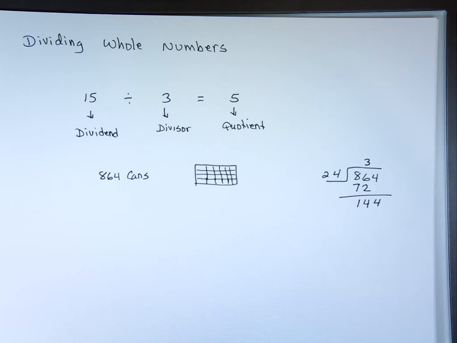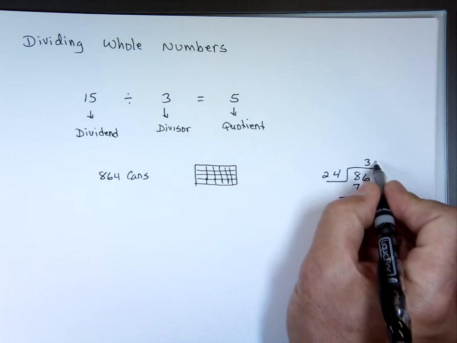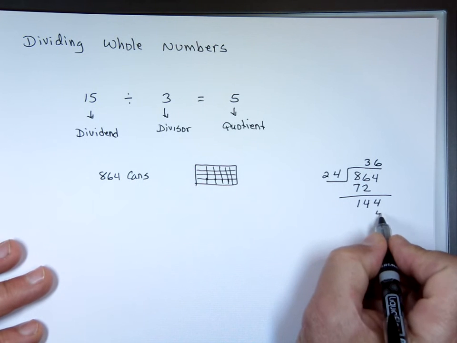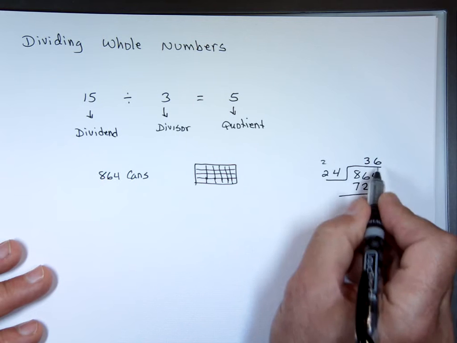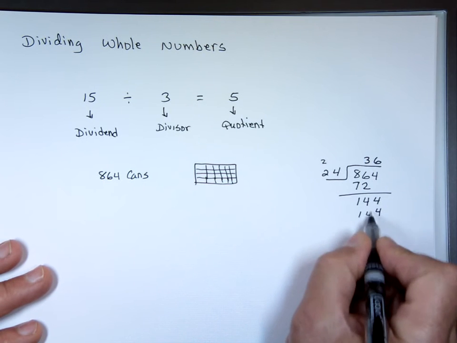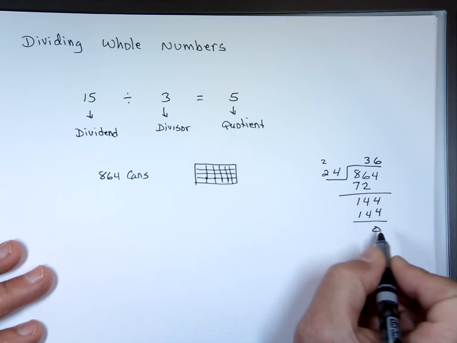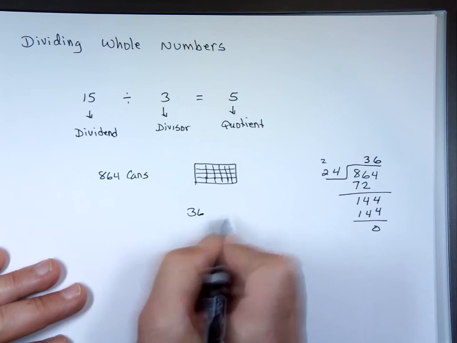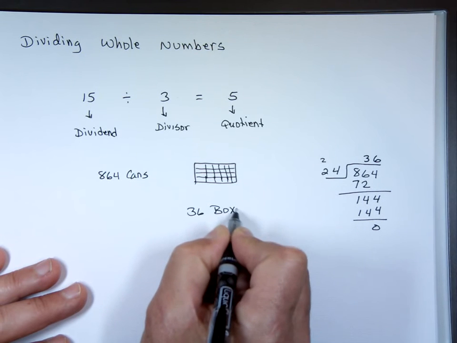Now 144. I think it might be a 6 there. What's 6 times 4? 24. 4 carry 2. What is 6 times 2? 12 and 2, 14. What's your remainder? 0. So how many cases do you have? We have 36 boxes to carry to the recycling center.